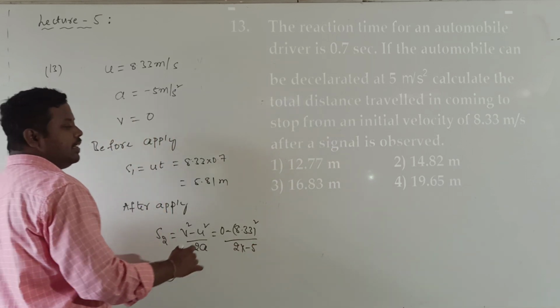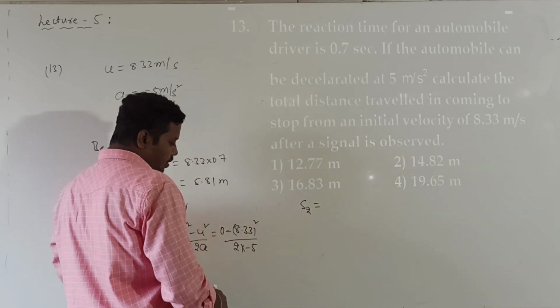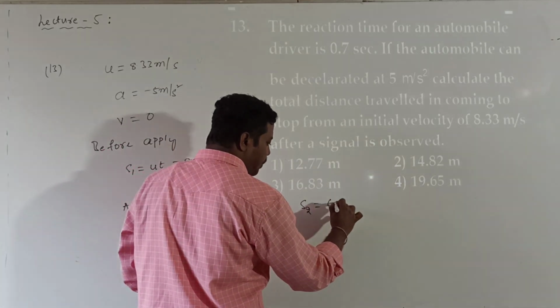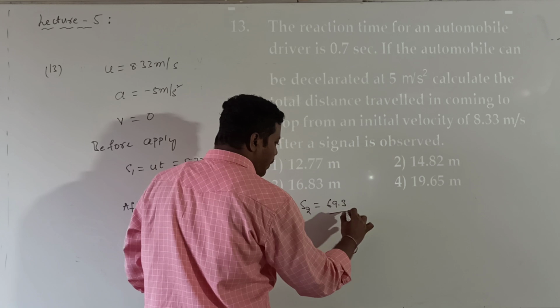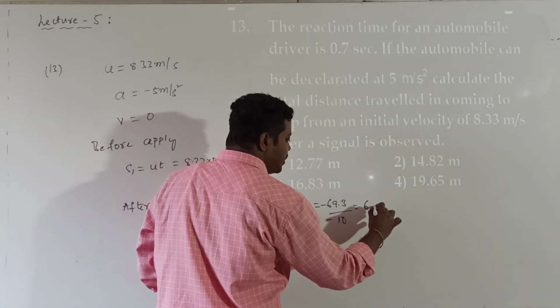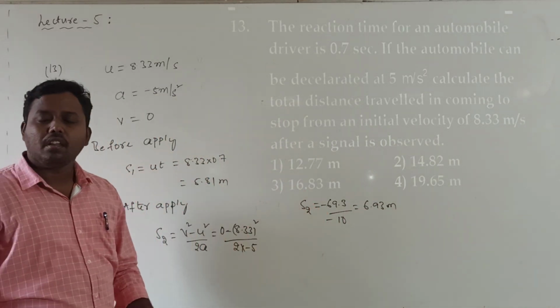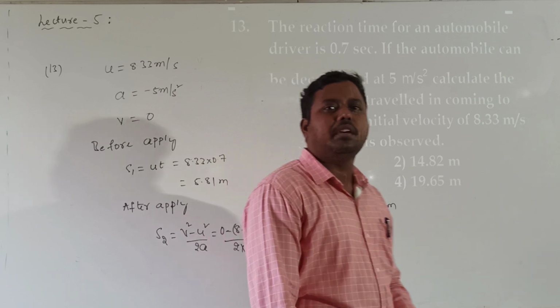So S2 is equal to 8.33 whole square, which is 69.3, by minus 10. So what answer will I get? 6.93 meters.